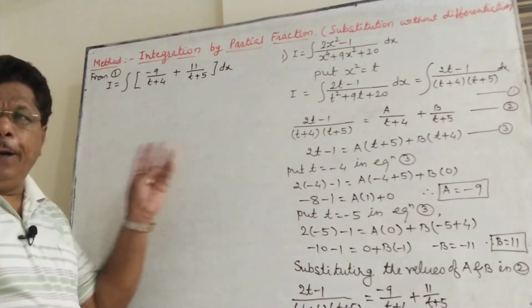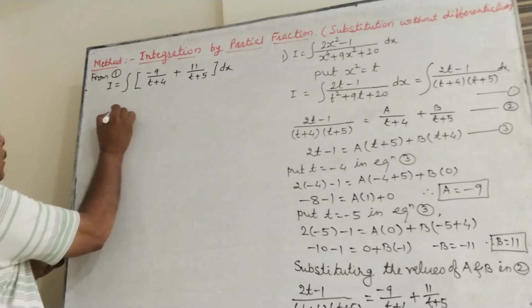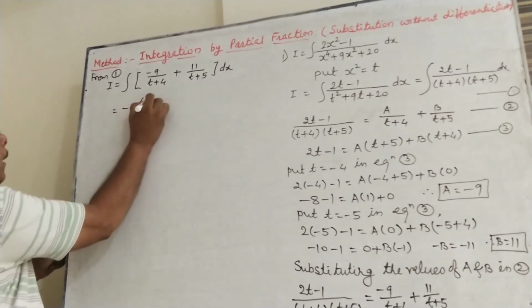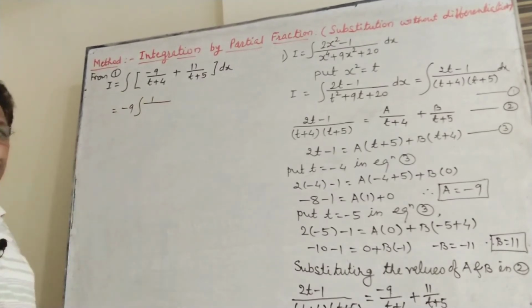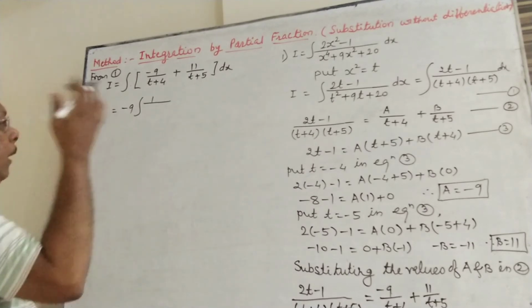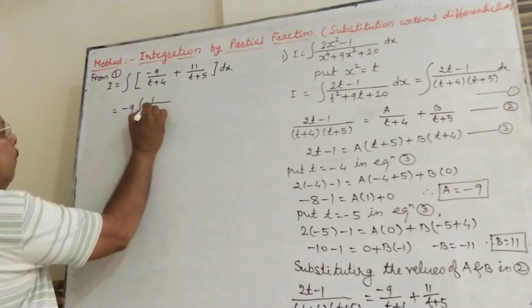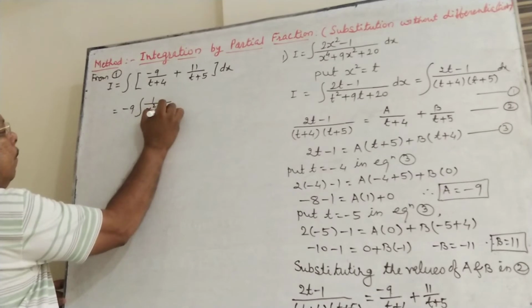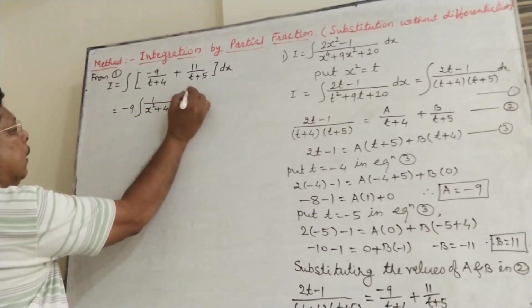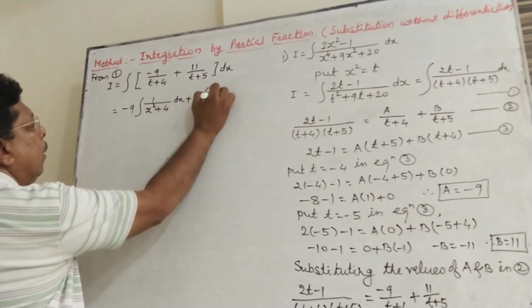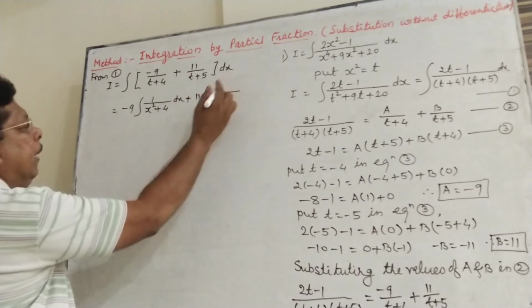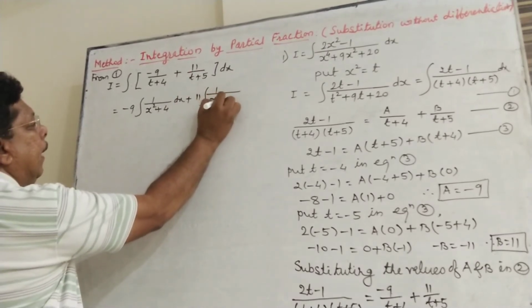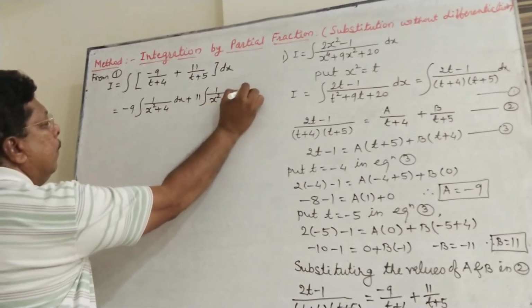Now take the separate integration. So this becomes minus 9 integration 1 upon, substituting the value of t, where t equal to x square, (x square plus 4) dx. Take constant 11 outside: 1 upon (t plus 5), t equal to x square, so (x square plus 5) dx.